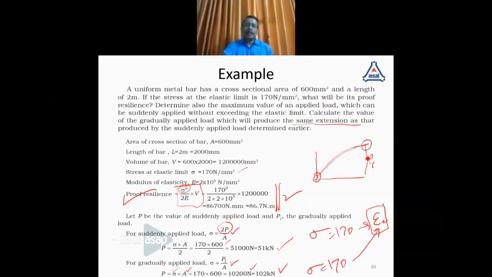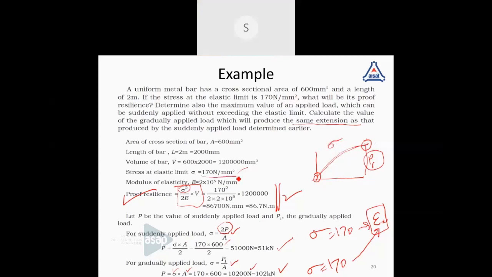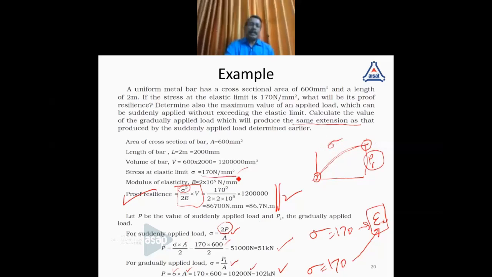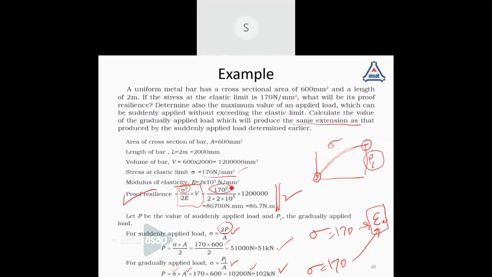The load is applied gradually, starting from 0 to the maximum value. During this course, the stress sigma is also varying from 0 to the maximum value of, say, 170 Newton per millimeter square. Proof resilience represents the value of resilience at this maximum value of stress, nothing else.